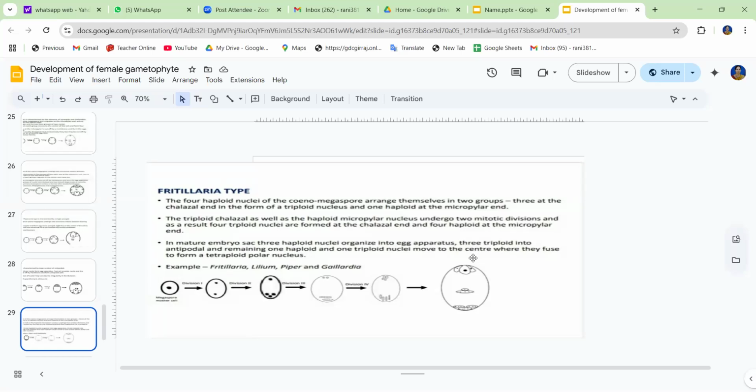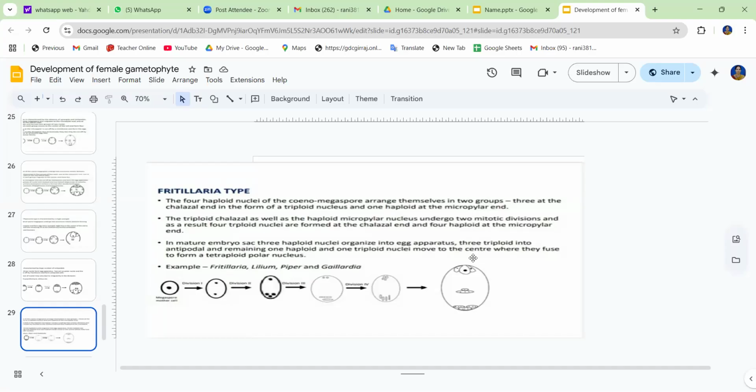Here, 3 of the megaspore nuclei go to the chalazal end, and the 4th one goes to the micropylar end. The 3 chalazal nuclei come to lie very close to each other. During the next stage, the micropylar nucleus divides normally, but the 3 chalazal nuclei fuse together, forming a triploid.